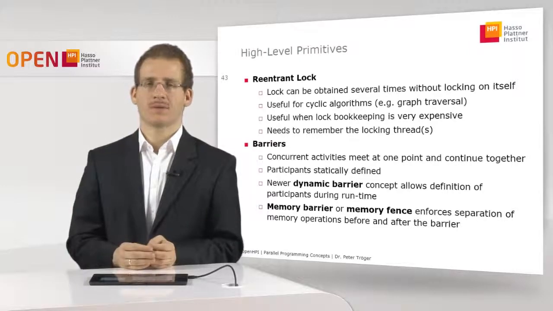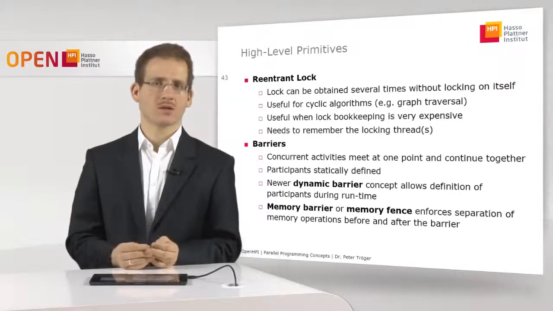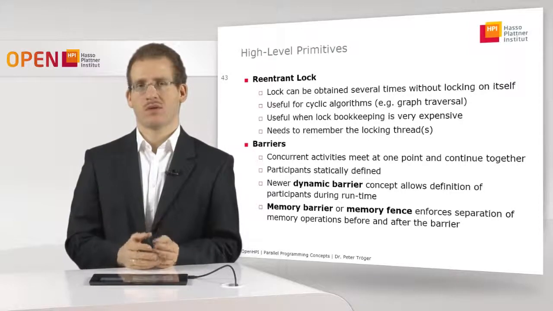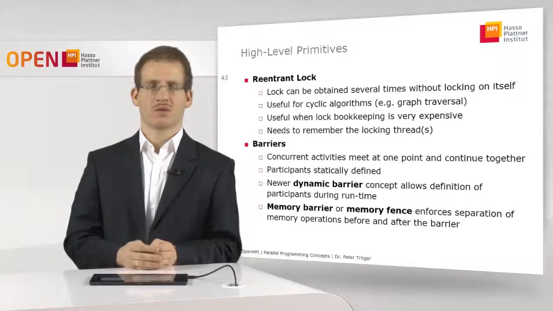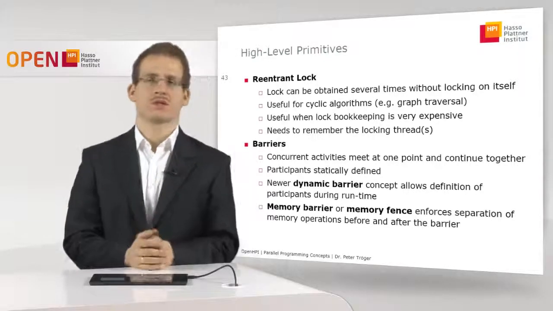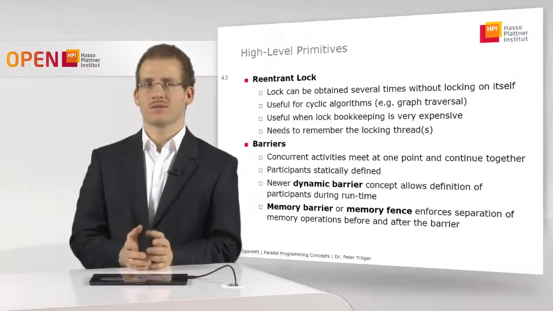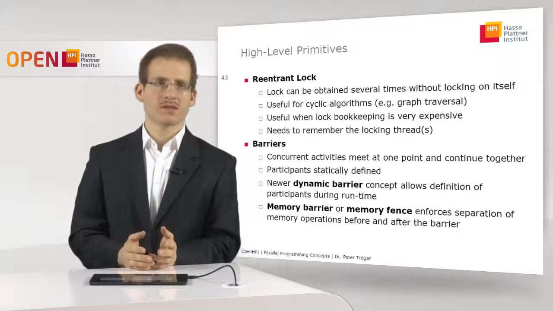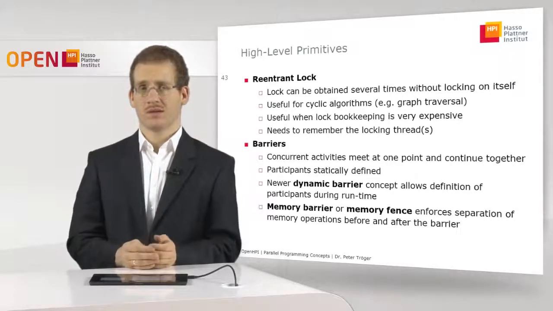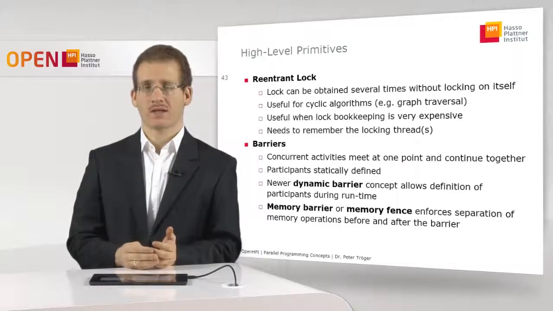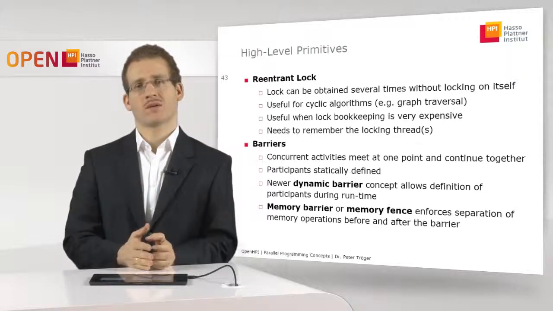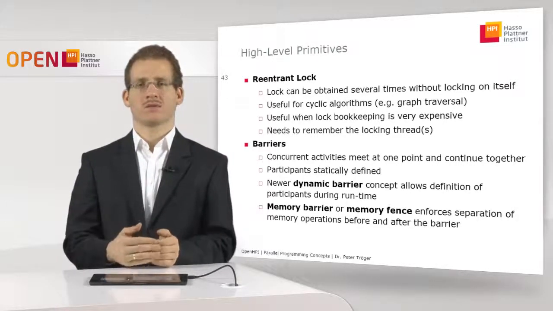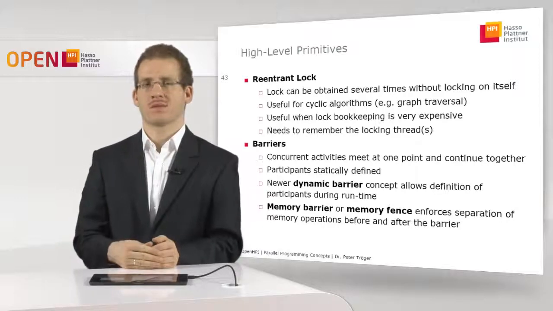So if you have this situation in your code that you don't know how many times your lock operation will run, or if you find it hard to do the bookkeeping, then maybe you want to use such a given high-level concurrency primitive. The next interesting high-level primitive, which we will talk about again later in this course, are barriers. In general, barriers are a concurrency concept where the different concurrent activities meet at a particular point in the instruction stream.